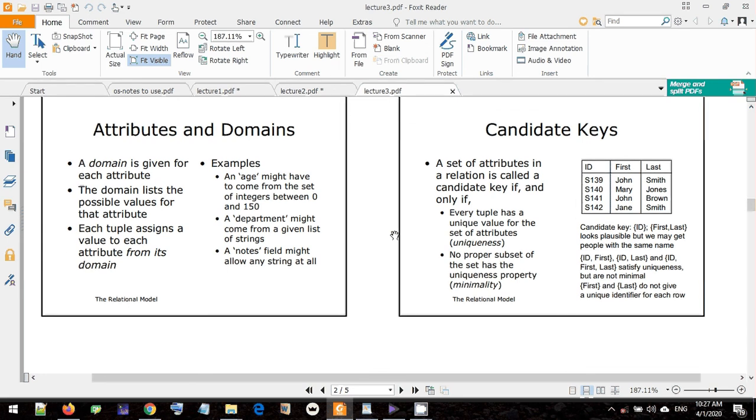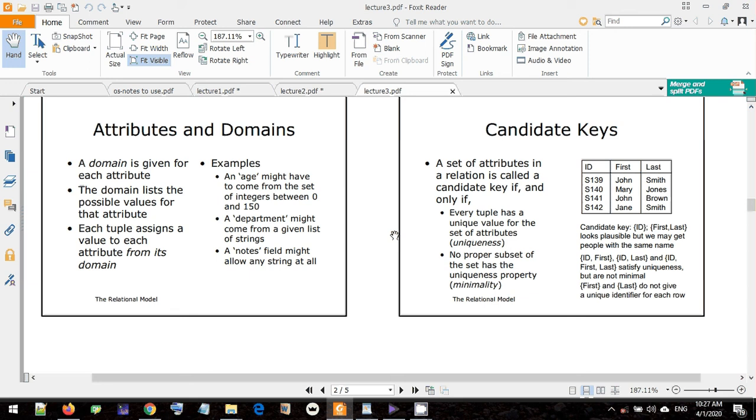Candidate keys. A set of attributes in a relation is called a candidate key if and only if these are the two conditions that define what a candidate key is. The first condition is that every tuple has a unique value for the set of attributes.